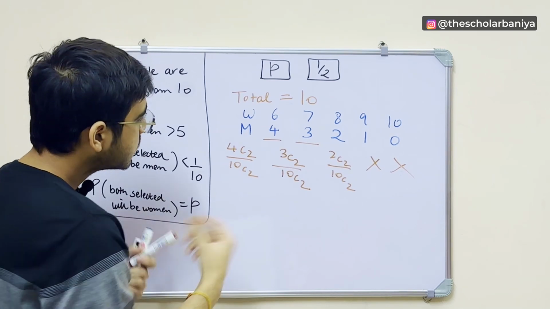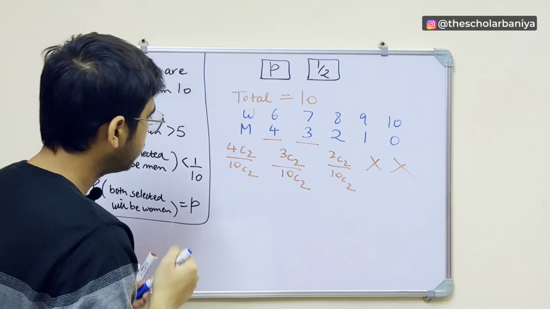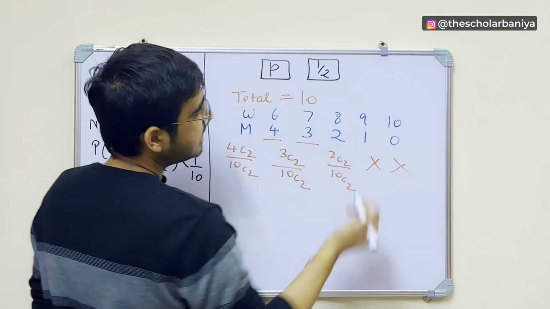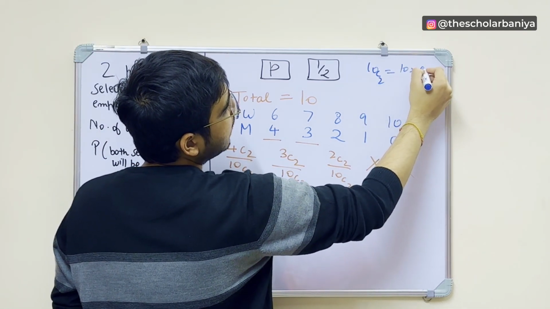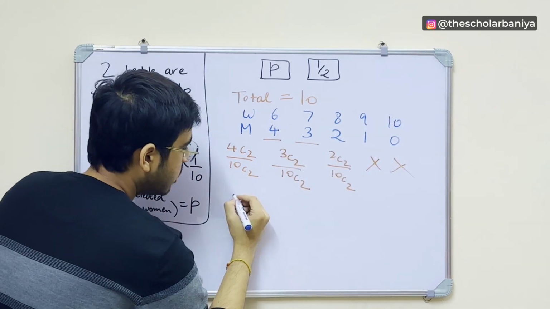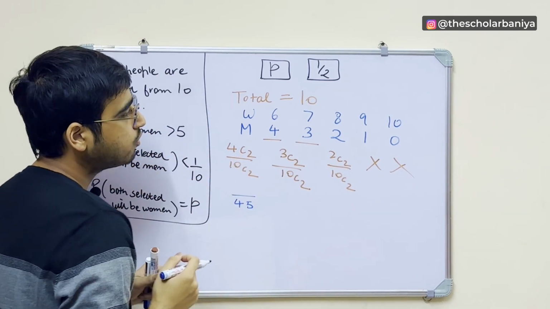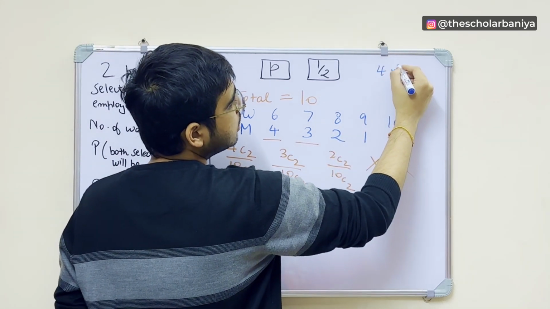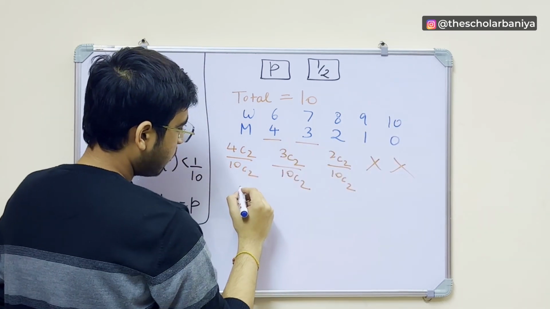Now if you solve this, how much will this be? Firstly, 10C2 is 10 into 9 upon 2, which is 45. And 4C2 is 4 into 3 upon 2 into 1, which is 6. So this is 6 upon 45.